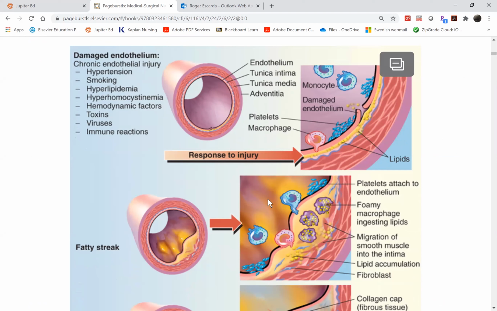Once plaque starts to build up, caused by these factors here, namely hypertension, smoking, high cholesterol, which is the main thing responsible for depositing these cheesy substances in between the intima and the medial layers of the vessel. Again, I'd like to emphasize that the plaque isn't on top of the endothelial layer. It's not on the intima, but between the intima and the medial layer.